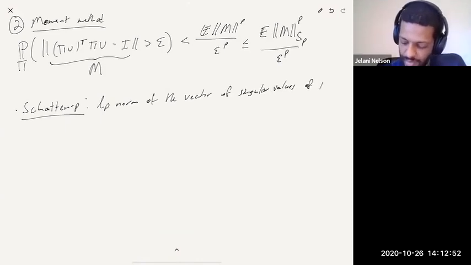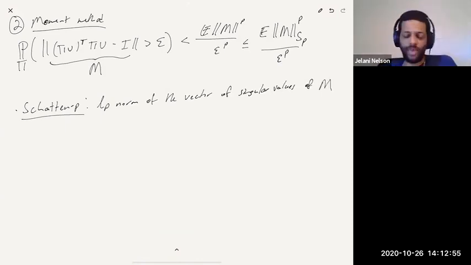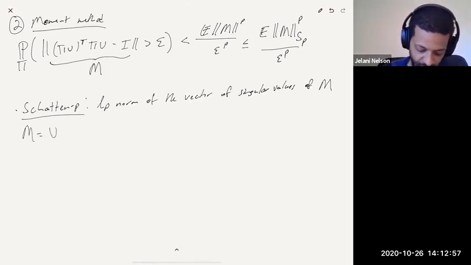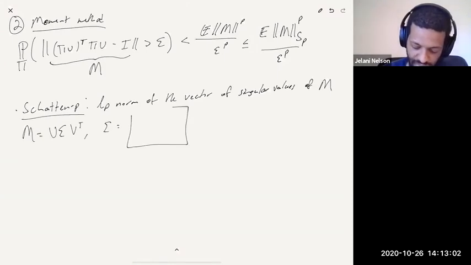Remember again, we can write an SVD, M is equal to U sigma V transpose, where sigma is this matrix of singular values. So it has sigma 1 down to sigma D, with zeros elsewhere.